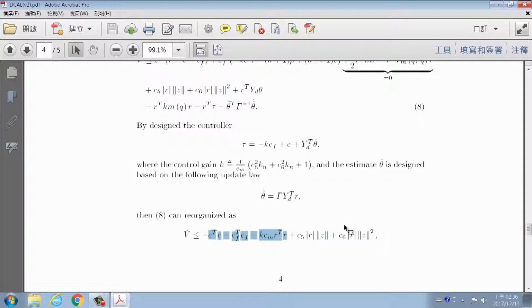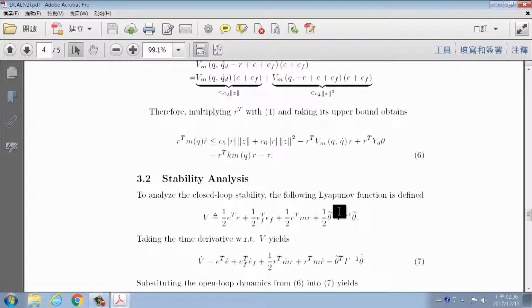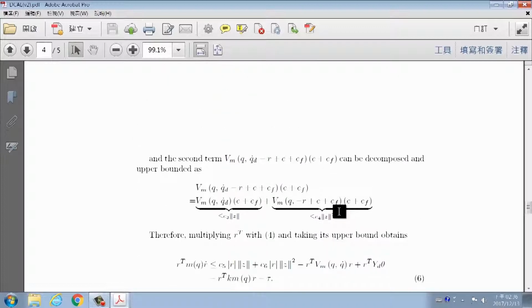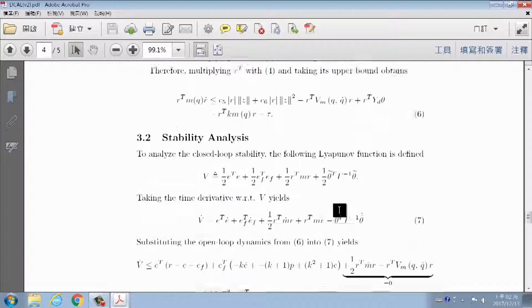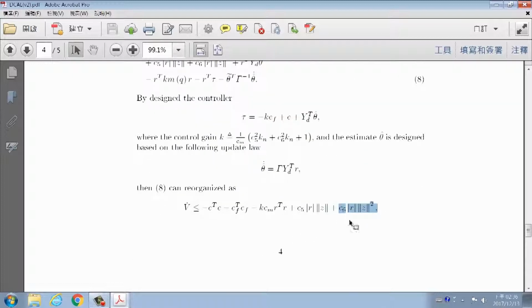Okay. And remember, all these terms, which are bad terms, are coming from the dynamics or the unknown dynamics. Okay, so we deal with the unknown dynamics by the control, the feedback, or the filters, the design filters.